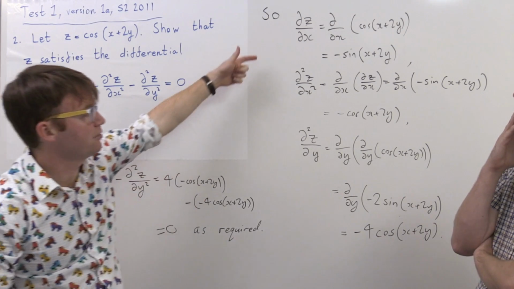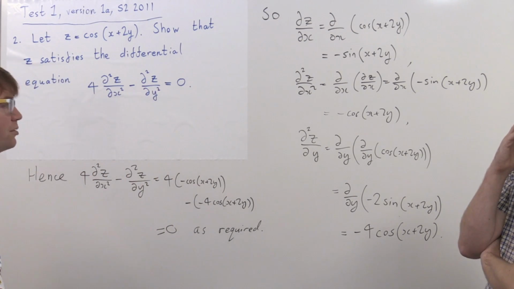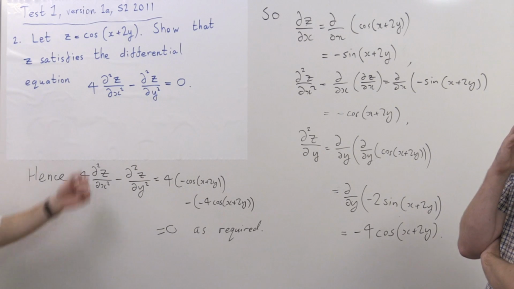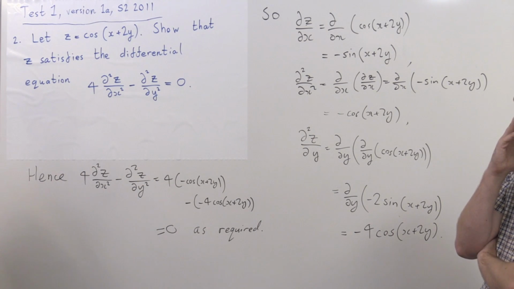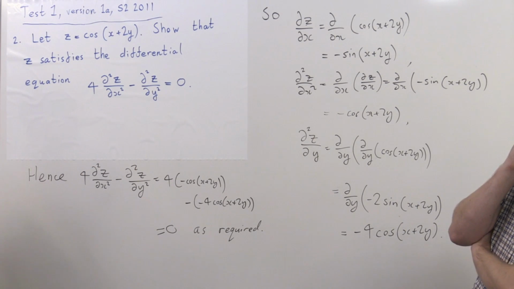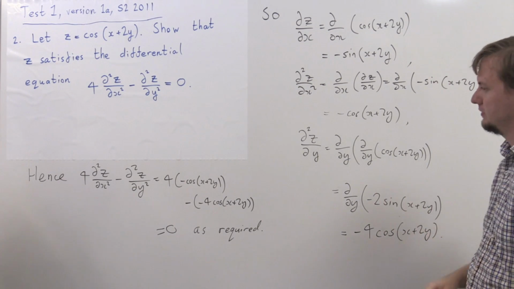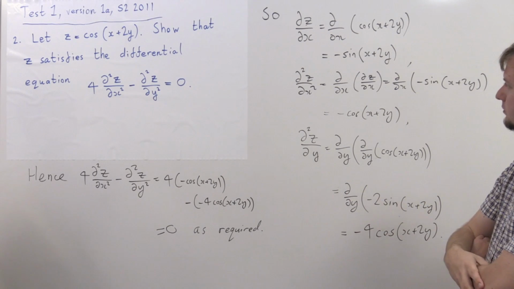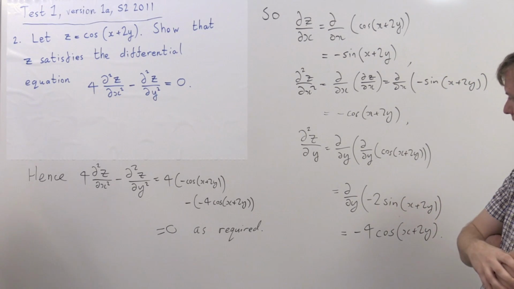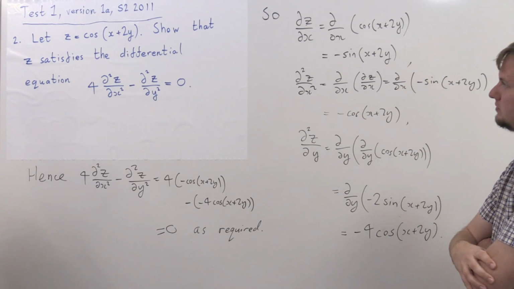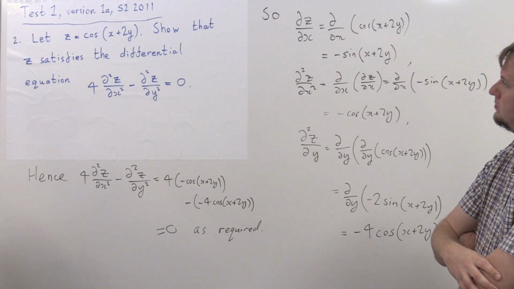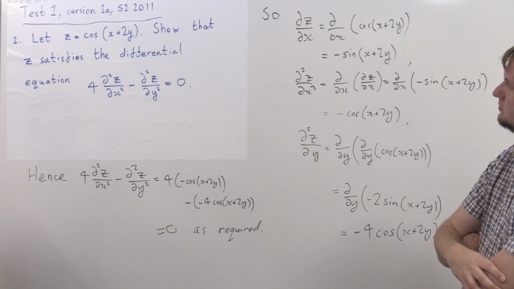So I think 1 mark for that, and then another mark for being able to put all that stuff into the question they were asked. Yeah, I guess there has to be 1 mark for the answer, for showing what was required to be shown. So the other mark has to be for calculating these derivatives accurately. Okay.